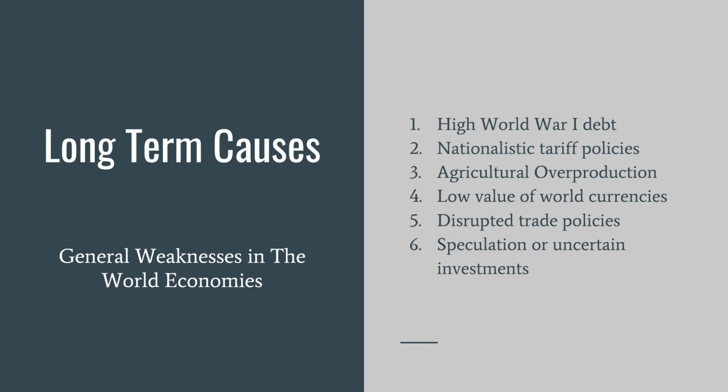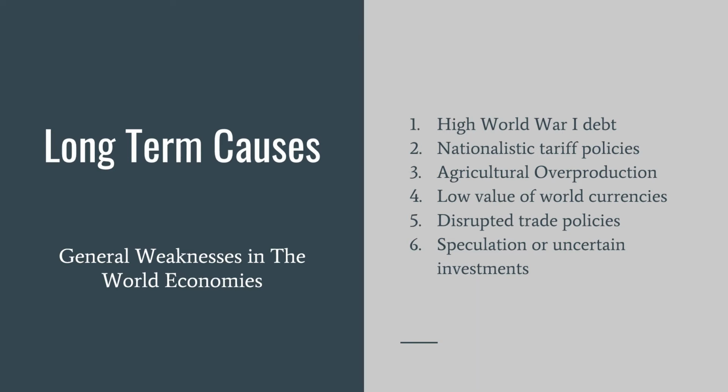We also start to see that countries, in order to protect their economies, start to pass various tariff or tax policies that sort of promote their citizens from buying their goods. So for example, the United States is going to pass tariffs that promote buying American goods, that make European goods way more expensive than American goods.